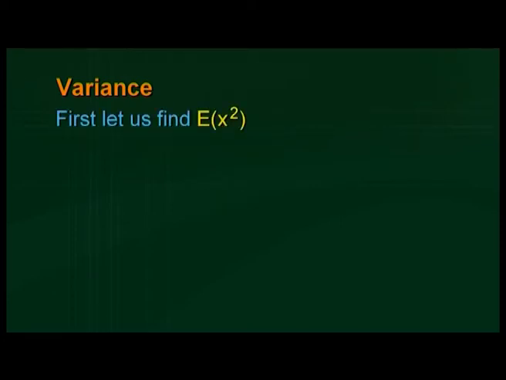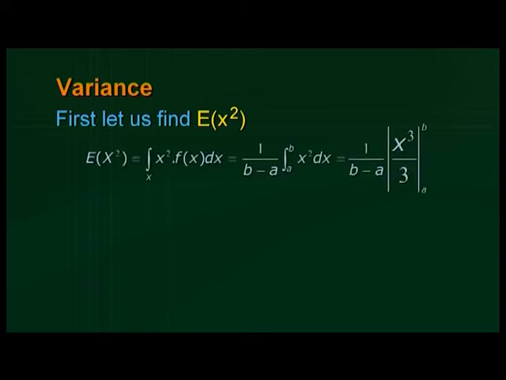First, let us find expectation of x square. Expectation of x square is equal to integration over x square into f of x dx, which is equal to 1 divided by b minus a into integral from a to b x square into dx.